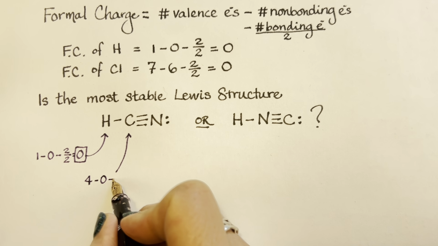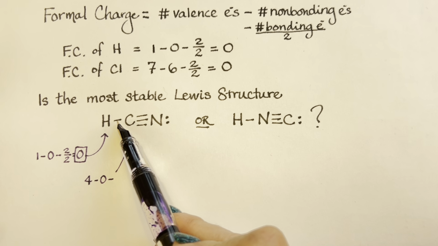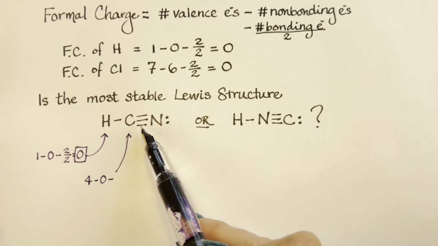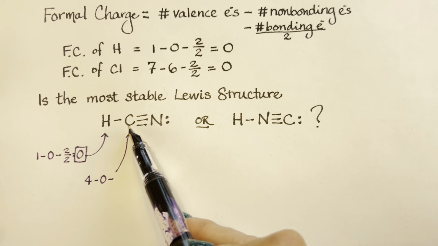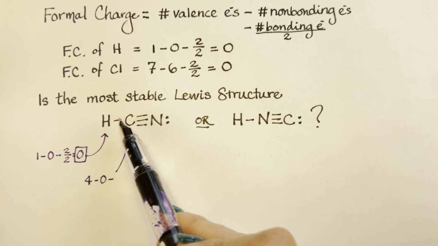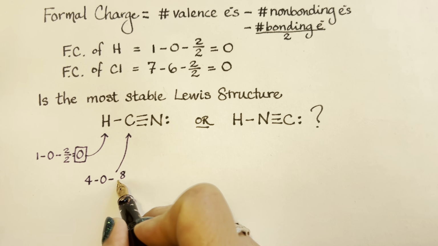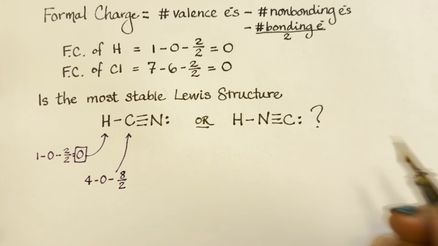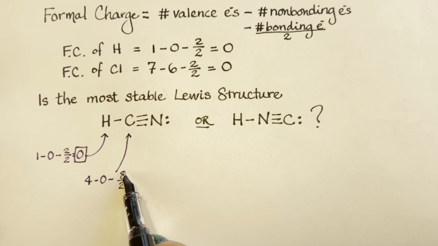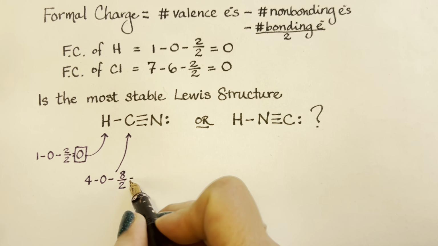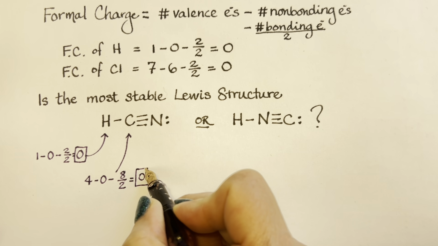Now, what about the bonding electrons? It's got 2, 4, 6, 8. For each of these bonds, that's a pair of electrons. So this carbon is completely bonded, 2, 4, 6, 8. We subtract 8, but because they're bonding, we divide by 2. So 4 minus 4 equals 0. Formal charge of carbon is 0 in this molecule.